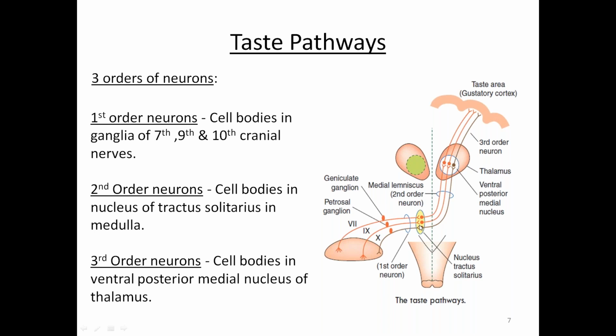So the cell bodies of second order neurons of taste buds are located in the nucleus of tractus solitarius itself, in the medulla. And axons of the second order neurons, now this is your midline, okay? So now the axons from the second order neurons, which are also here in the nucleus tractus solitarius, they will cross the midline.